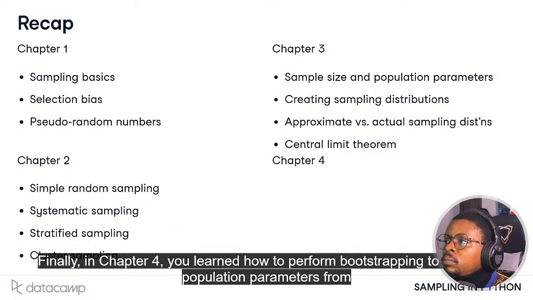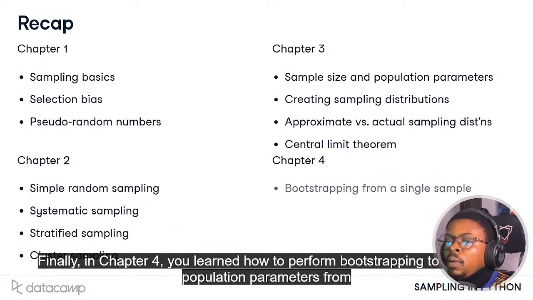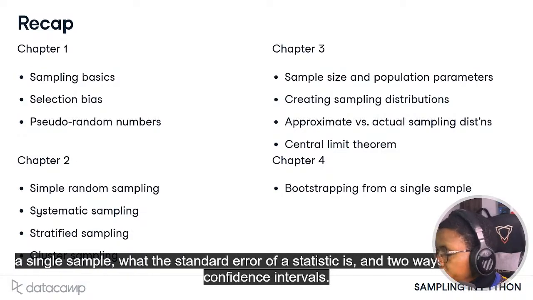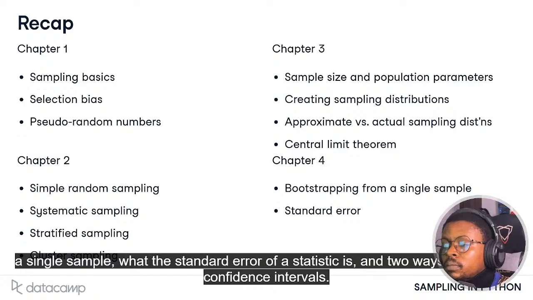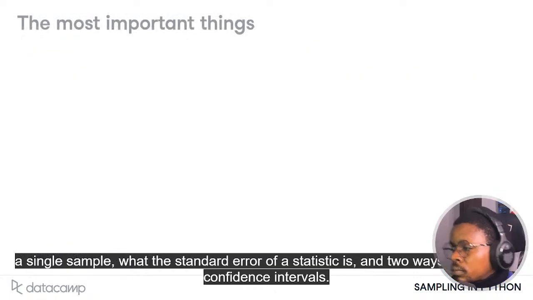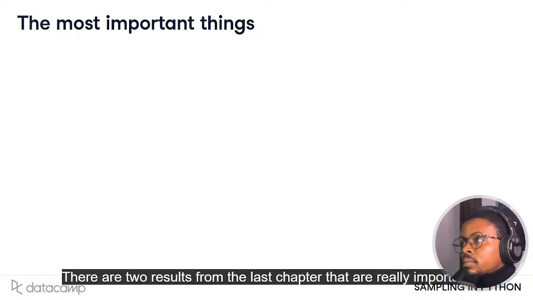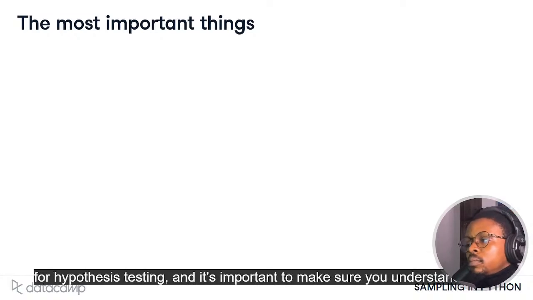Finally, in Chapter 4, you learned how to perform bootstrapping to estimate population parameters from a single sample, what the standard error of a statistic is, and two ways to calculate confidence intervals. There are two results from the last chapter that are really important for hypothesis testing.